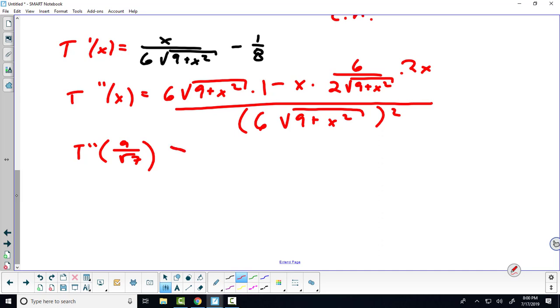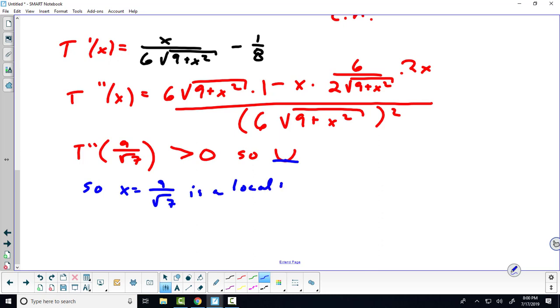We're going to find that we are greater than 0, so concave up, with a horizontal tangent line. So we found what? So x equals 9 over the square root of 7 is a local what? Min. Okay, you don't have to write this part, but I'd like to say it just to feel like I'm doing my job.